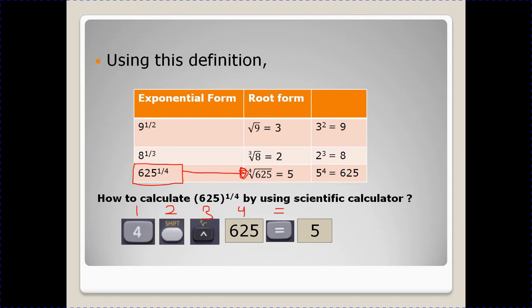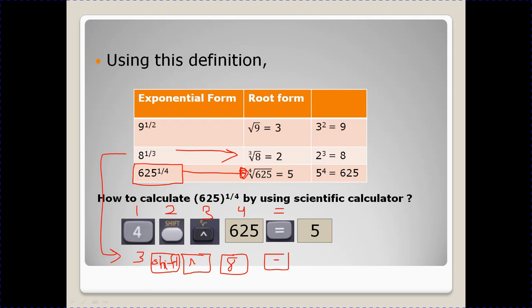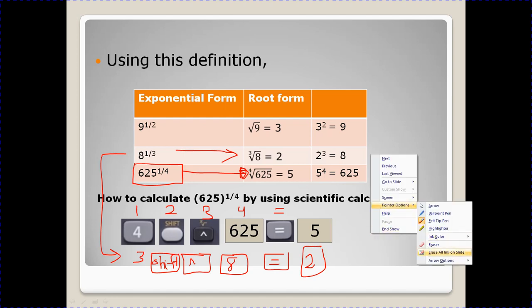If it is a to the power 1/3, the cube root of 8, it will be 3, then shift, then this button, then 8, equals, and finally it will be 2. So this is how you calculate and find the nth root of any number.